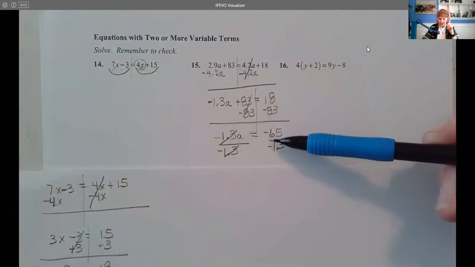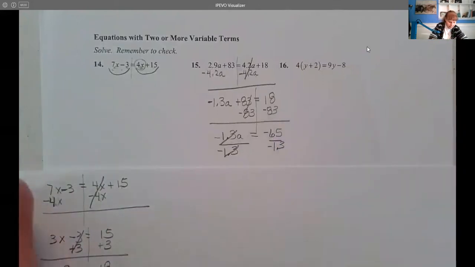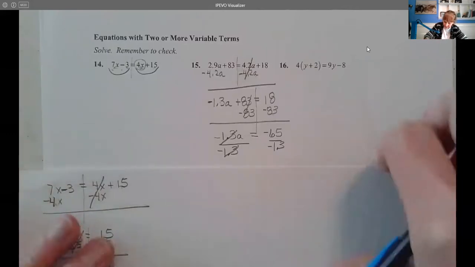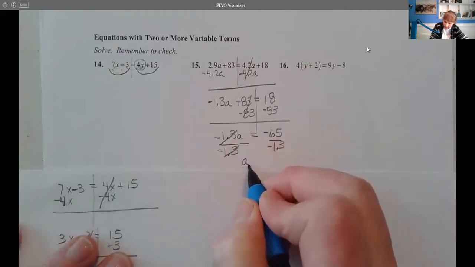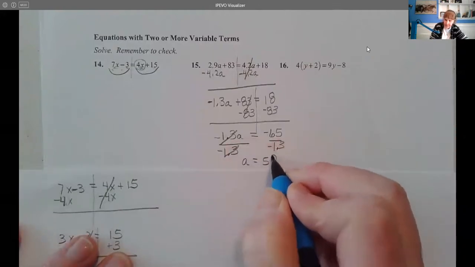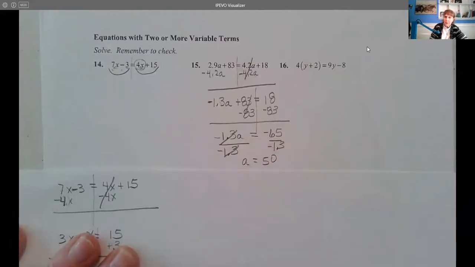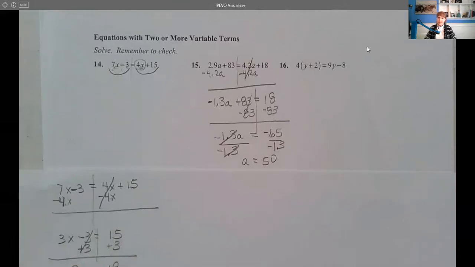So a negative 65 divided by a negative 1.3 is 50. 1A equals 50. And you could put that back in for your A's, and the left should equal the right. All right, let's look at number 16.